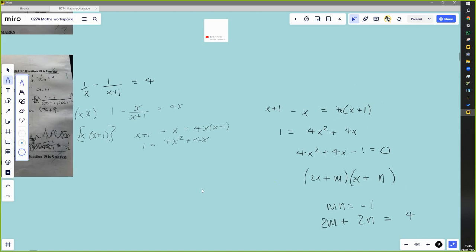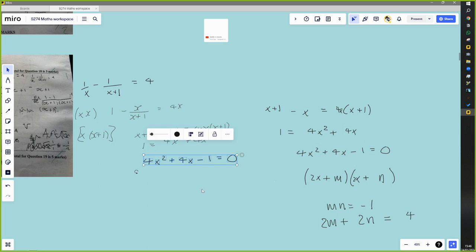So if we rearrange it, we have 4x squared, and this is still all looking the same as what I've done here. In fact, there's no point writing that out again. I've just rearranged that formula, and I got this one here. So next, I think that was the problem.